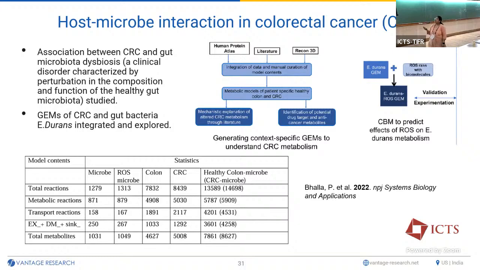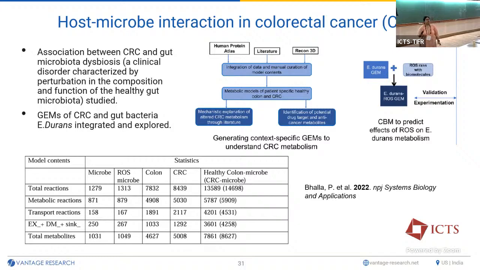This one is slightly interesting because we integrated one of the microbial models, a representative of the human gut bacteria, which is called Enterococcus durans, E. durans. We built the metabolic model of E. durans, the metabolic model of healthy colon, and the metabolic model of CRC colon, all coming from the Human Protein Atlas data.